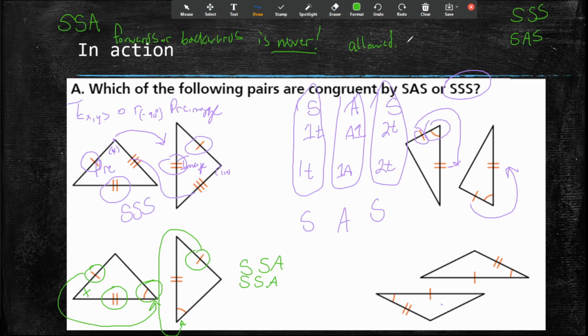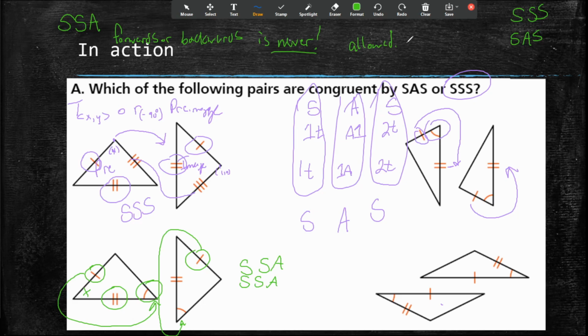SSA or ASS will never, at any point in any math class, no matter what you hear, work. SSA, ASS, never an option. Right? And I'll show you why when we get to the similarity chapter. We're actually going to use that in that chapter, but SSA, forwards or backwards, is never a congruency criterion.